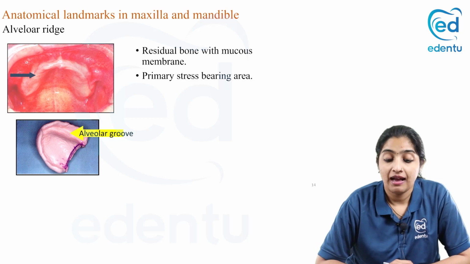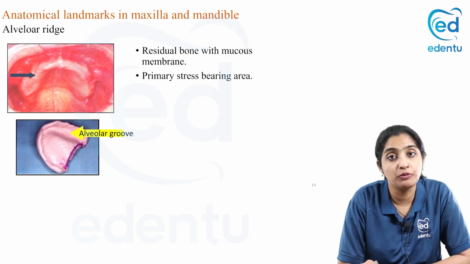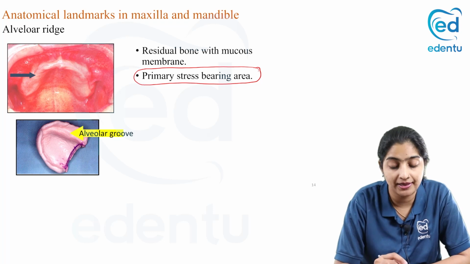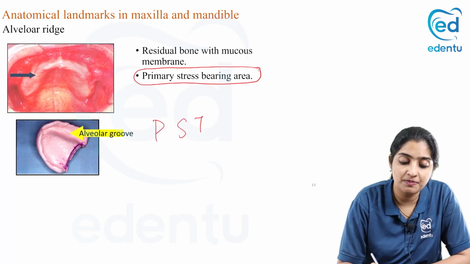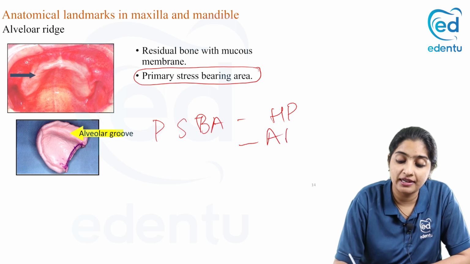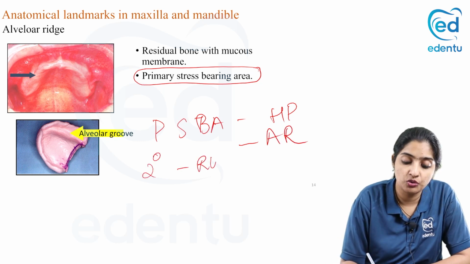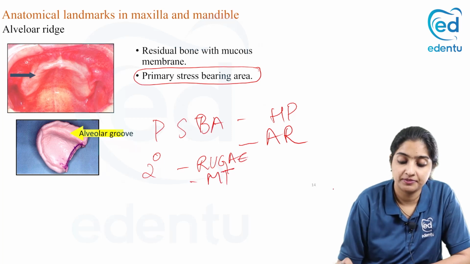The alveolar ridge, again, is residual bone with mucous membrane. Like I mentioned, it is a primary stress bearing area. The secondary stress bearing area will be your rugae and the maxillary tuberosity.